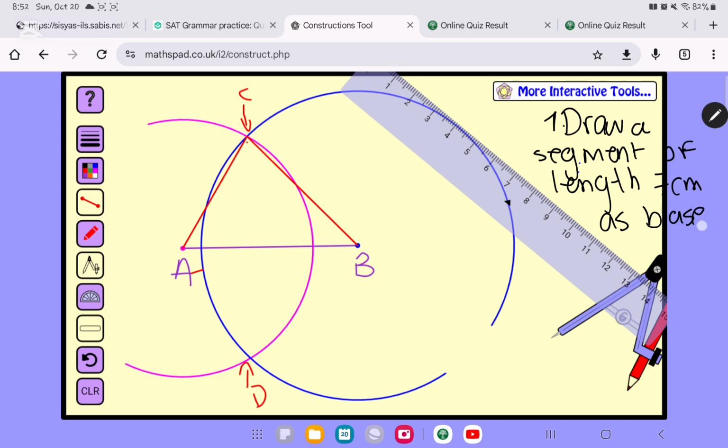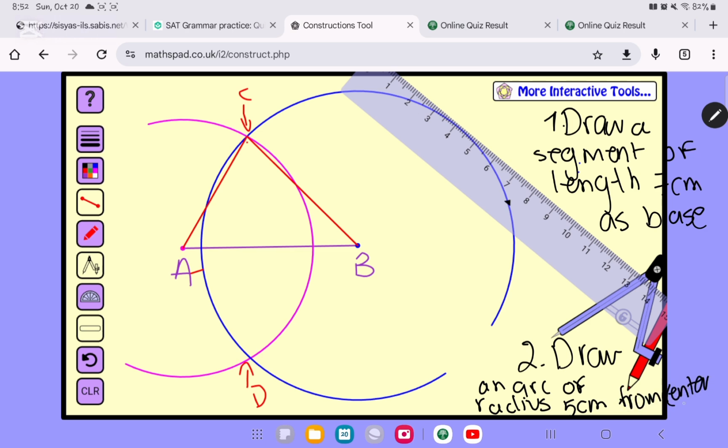Then the second step, step 2, we draw an arc of radius 5 centimeters from center A.